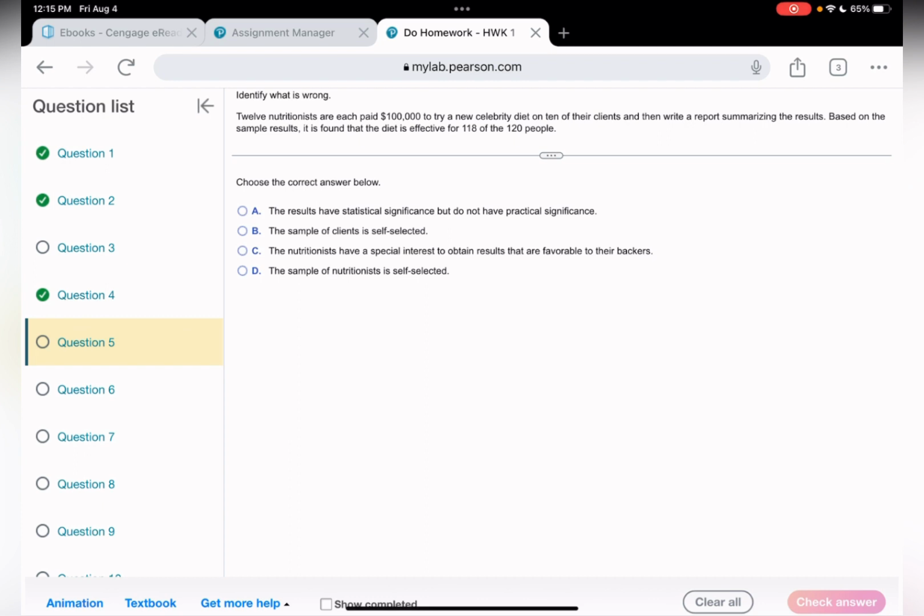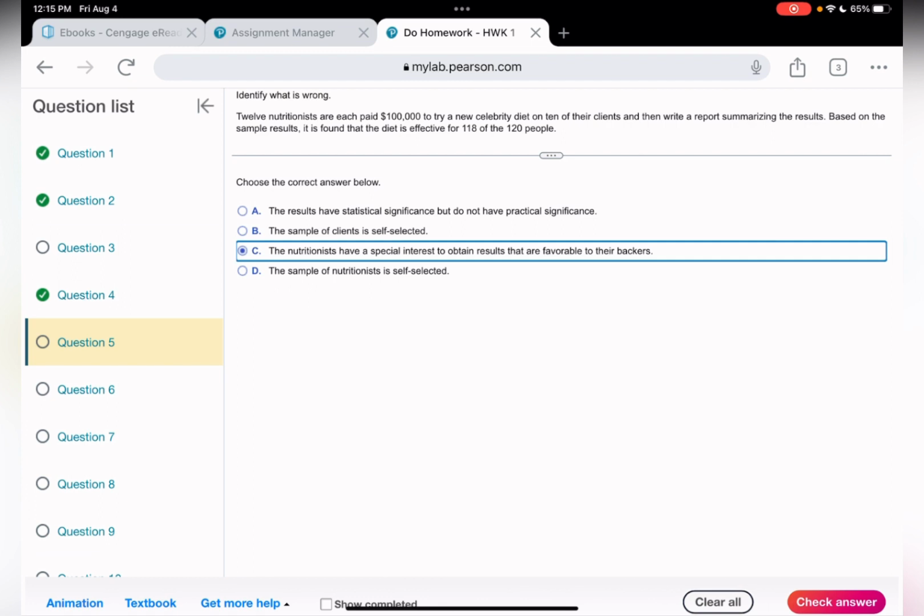I would say this is the answer. Of course, if the diet is effective, they will have more clients. Yes. And lastly, the sample of nutritionists is self-selected. We didn't see anything about self-selection. Okay.